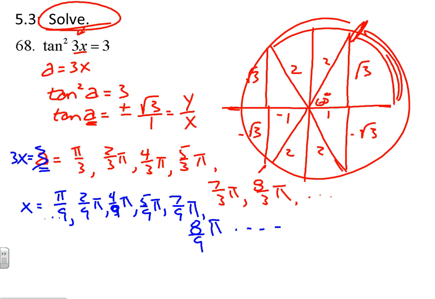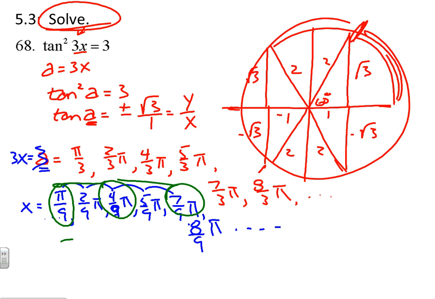So how do I name those? Well, I need to look for a common pattern here, and I see from this term to this term, I go up 1/9 pi, but then I go up 2/9 pi, and then 1/9 pi, and then 2/9, and then 1/9 pi to the next term. But if I'm a little clever with this, I could say, well, from here to here, I go up 3/9 pi. And from here to here, I go up 3/9 pi.